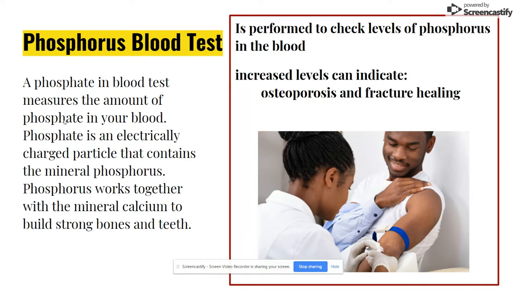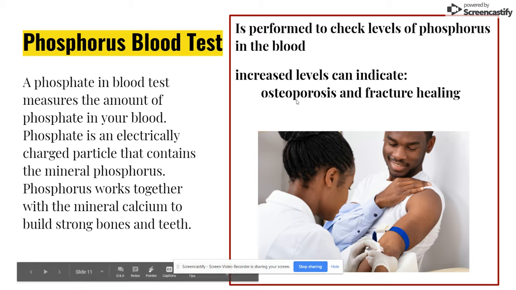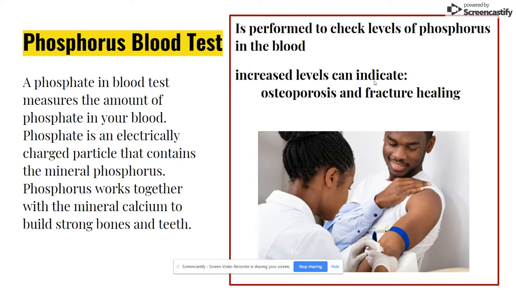That phosphate in our blood is a good indicator that we have things like osteoporosis or we're healing from a fracture. And I really like this. It's pretty simple. It's performed to check levels of phosphorus in the blood. Increased levels can indicate osteoporosis and fracture healing.